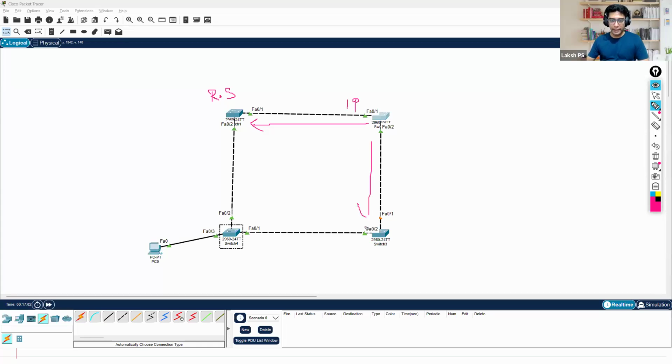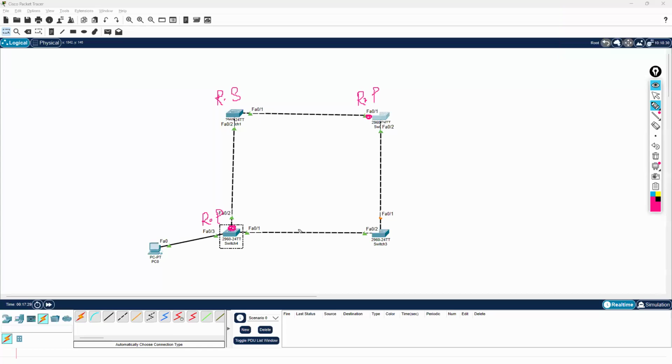From here, it will be 19 plus 19 plus 19. Obviously, 19 is lower, right? And hence, this interface will become the root port for switch number 2. This is the root switch. Similarly, for this switch also, this interface would become the root port. Clear? Are there any doubts till here? No, till now it is clear.